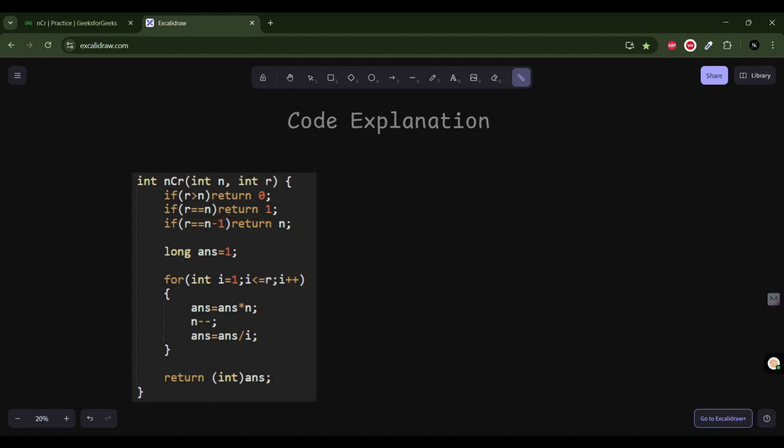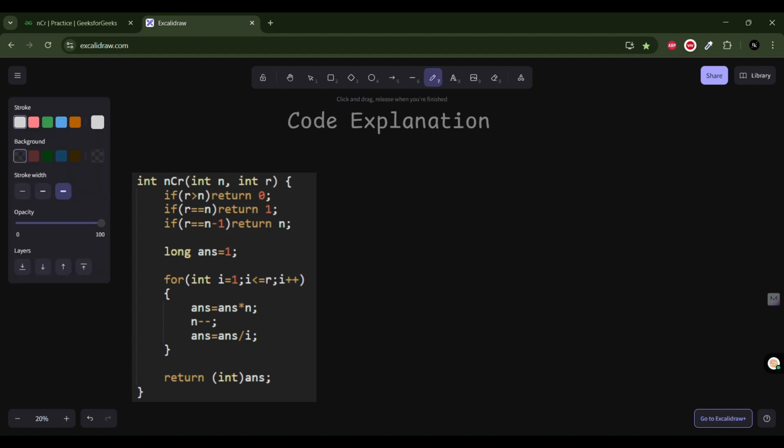This extra condition is not required, but I am adding it to save time when running. When it is given like 32C31, we know the answer will be 32. How? 32 factorial over 32 minus 31, which is 1 factorial, and 31 factorial.